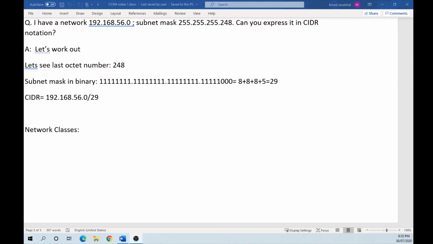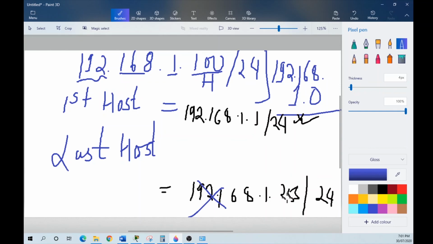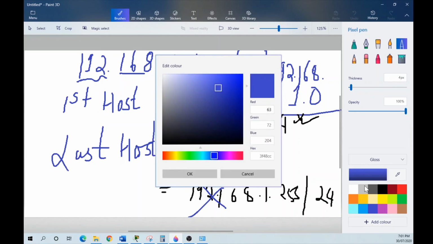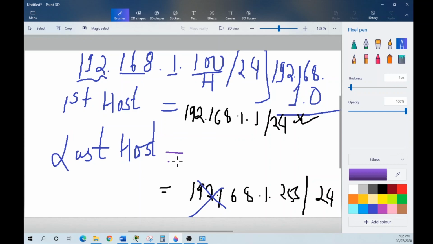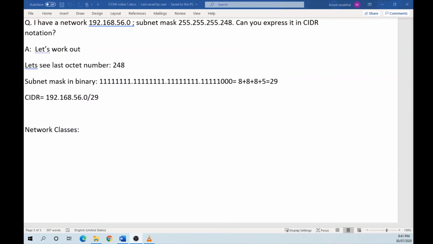But the problem is we cannot use this one because .255 is used as a broadcast address which cannot be assigned to a host. So we have to choose the IP which is one less than this broadcast address, which would be 254, and the complete address would be 192.168.1.254/24.